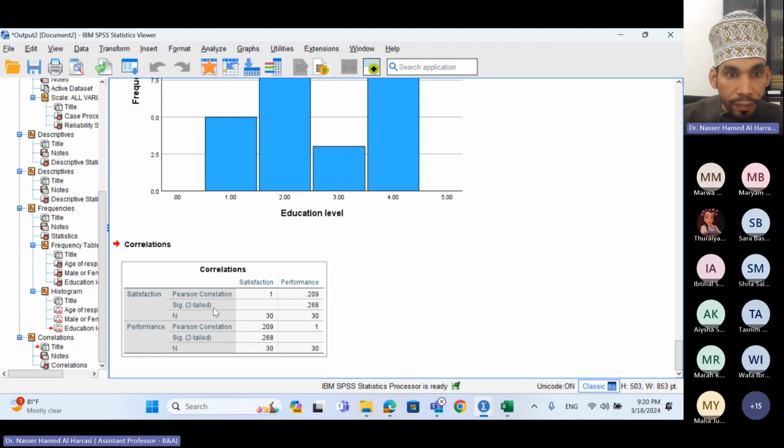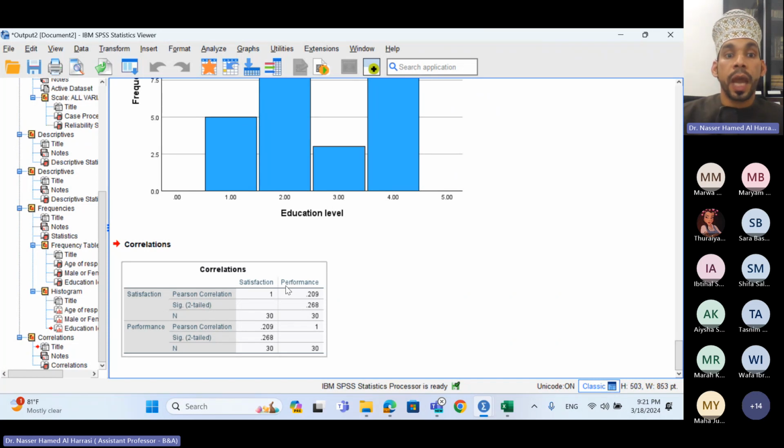Then here we have the second one, which is very important for us. In case we have a hypothesis, we would like to reject or accept it. For example, if we have a hypothesis saying that there is a positive relationship between employee satisfaction and employee performance in company X, this is our hypothesis.